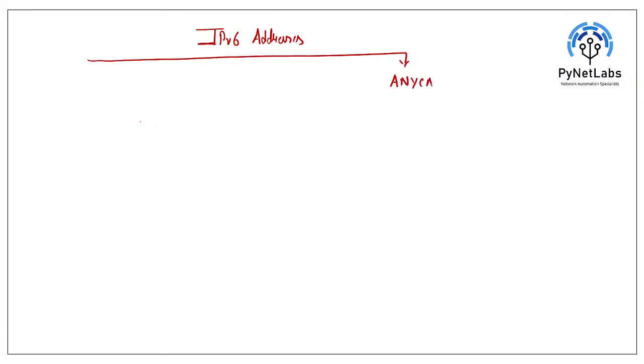So we have discussed the three categories of IPv6 address. Let me write that down again. In the IPv6 addresses, we have discussed three categories. The last one was your anycast. The second was your multicast, and we have unicast as well.